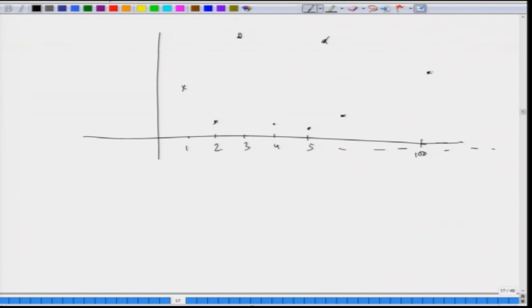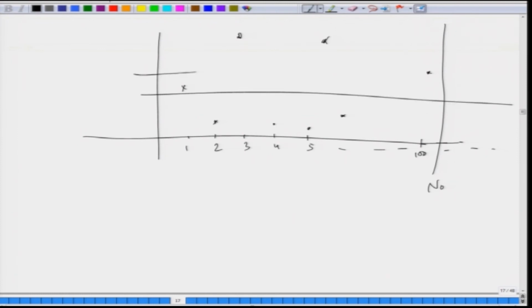Now, what the Cauchy sequence says is that you take any epsilon, then after n_0 you will find a band of epsilon distance from here to here, where all these x_n and x_m whatever we are going to get are going to lie in this. That is the concept of the Cauchy sequences.